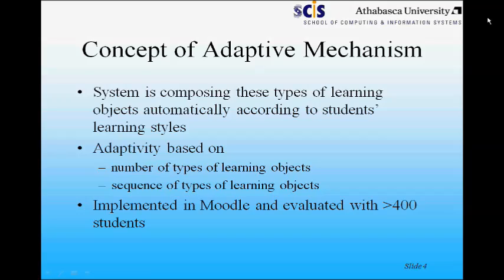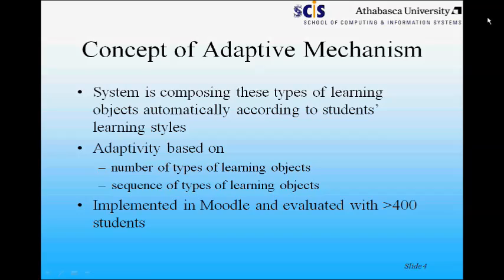So how do we provide such adaptive courses and how do we compose them? There are two different features we use for providing adaptivity. One thing we can change in such adaptive courses is the number of types of learning objects we present to students.